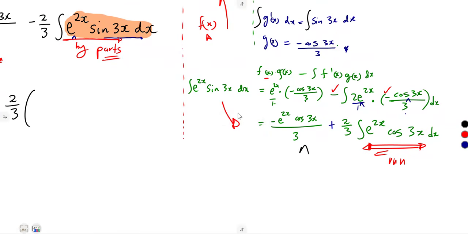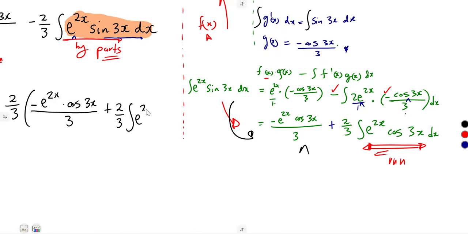So this is what we got on our integral, guys: negative e to the exponent of 2x cos 3x, everything over 3, plus 2 over 3 the integral of e to the exponent of 2x cos of 3x with respect to x. So this is what we got here.